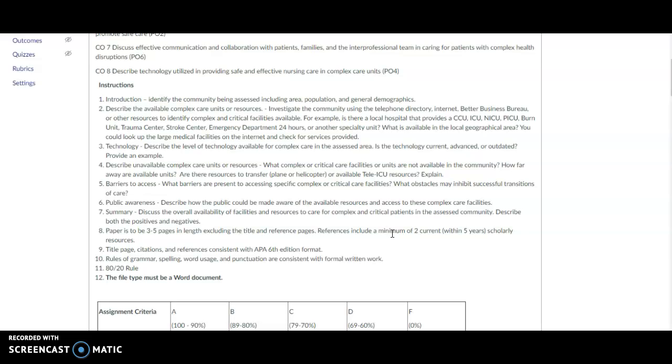Remember, in 7th edition, we do not use retrieved from anymore. You just put the URL or the DOI, and there is a different format for the title page. And I do see this as 6th edition, and I will be changing that to 7th edition as soon as I am done with this discussion.